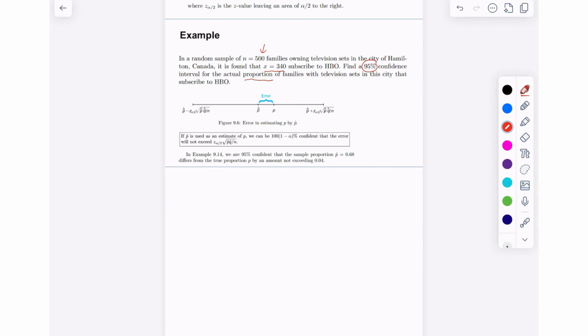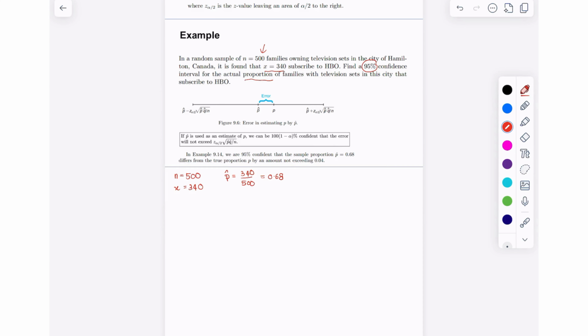So in this case, n is 500 and x is 340. Since this is regarding proportion, P hat is 340 divided by 500, which is equal to 0.68.